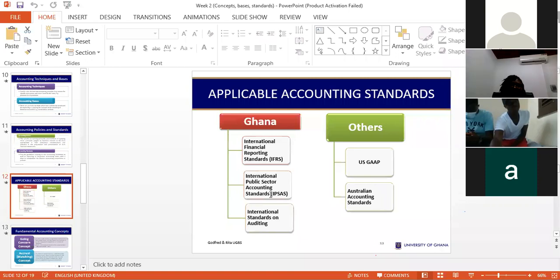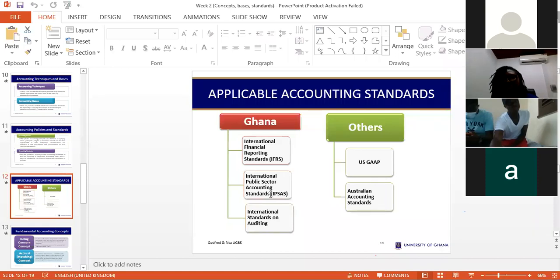For the public sector, it is known as the IPSAS, the International Public Sector Accounting Standards. For auditors, those who review, they also have guidelines they use in doing the work they do. It is known as the International Standards on Auditing. So in Ghana, we have adopted these three in the area of accounting, and that is what all accountants are using wherever you find yourself.